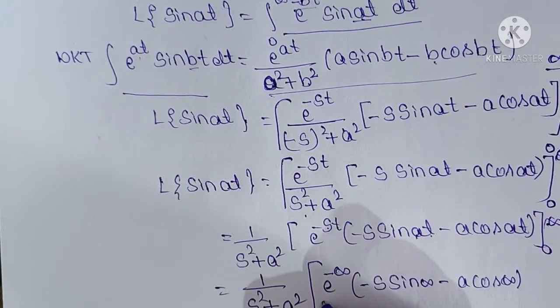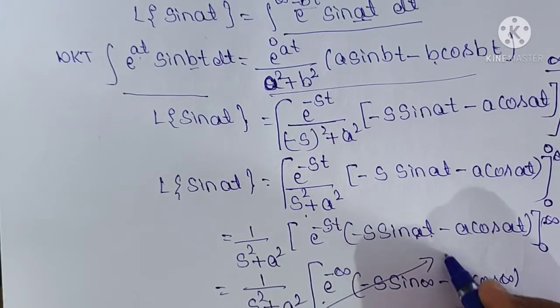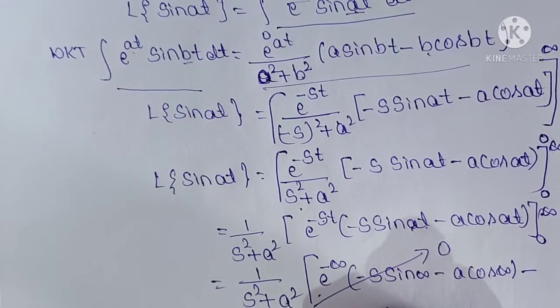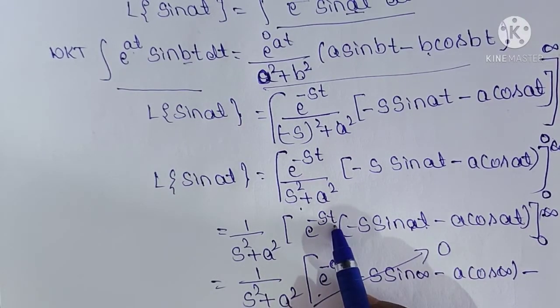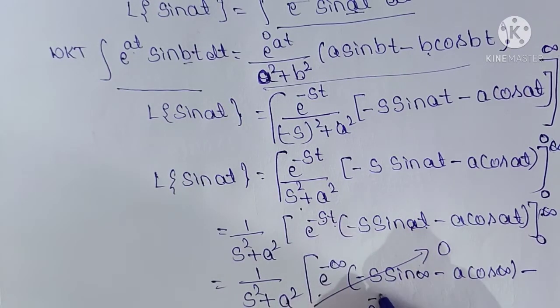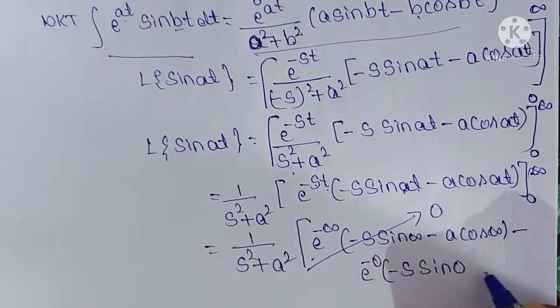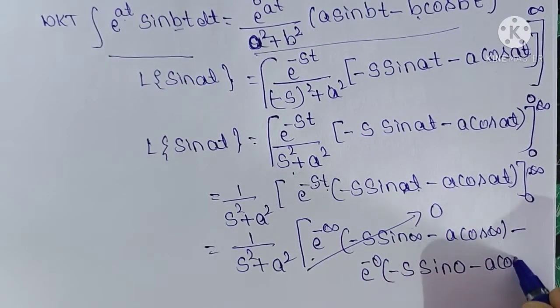E power minus infinity value is 0. 0 into this term is 0, minus e to the power of minus t value is 0. 0 into s value is 0, minus s sine of t value is 0, sine 0, a cos 0.